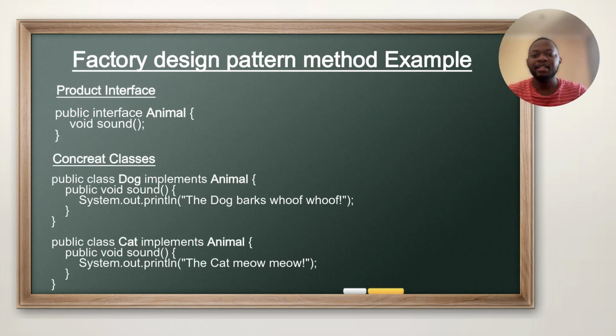So, the factory design pattern method example. In the factory design pattern, we usually have our product interface, our concrete class or concrete classes, and then our factory class, which is responsible for actually creating all these objects.